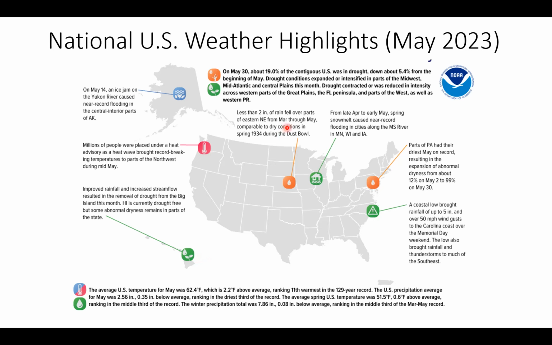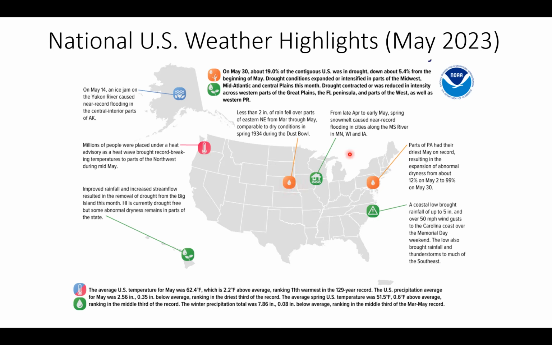Additionally, we saw less than 2 inches of rain fall over parts of eastern Nebraska, generally from March 2023 through May 2023. So this was quite comparable to the dry conditions experienced in the spring of 1934 across eastern Nebraska during the Dust Bowl. So that goes back quite a ways.